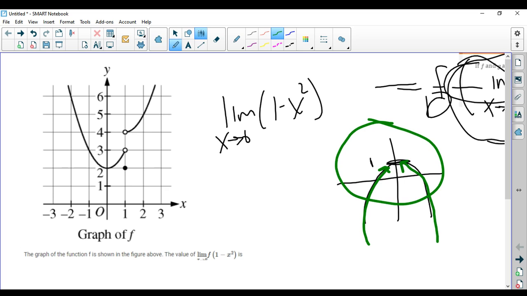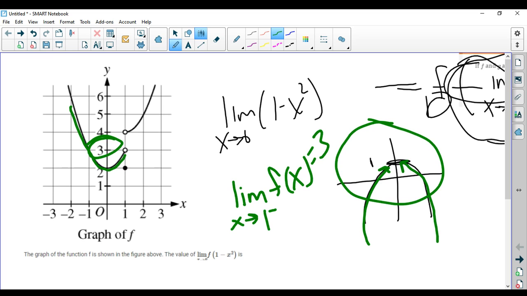So the inside function indicates you are approaching 1 from a negative side. So when you're doing the limit, what it really comes down to is you're approaching 1 from the left-hand side. So we're only looking at this side, and that means the limit is 3.